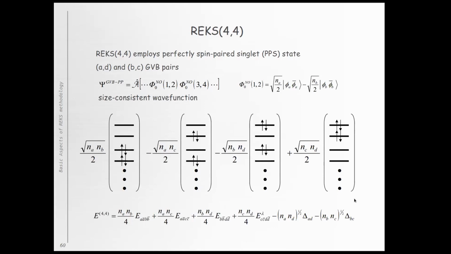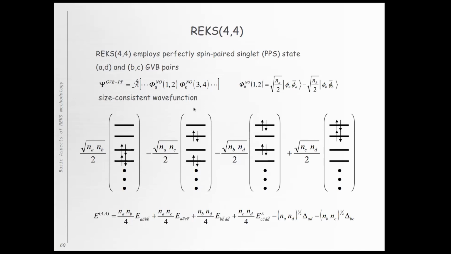But in GVB, we split all the orbitals into coupled pairs, where we introduce simple wave functions of this type. So one of the components is a double excitation from the other, like here or here.